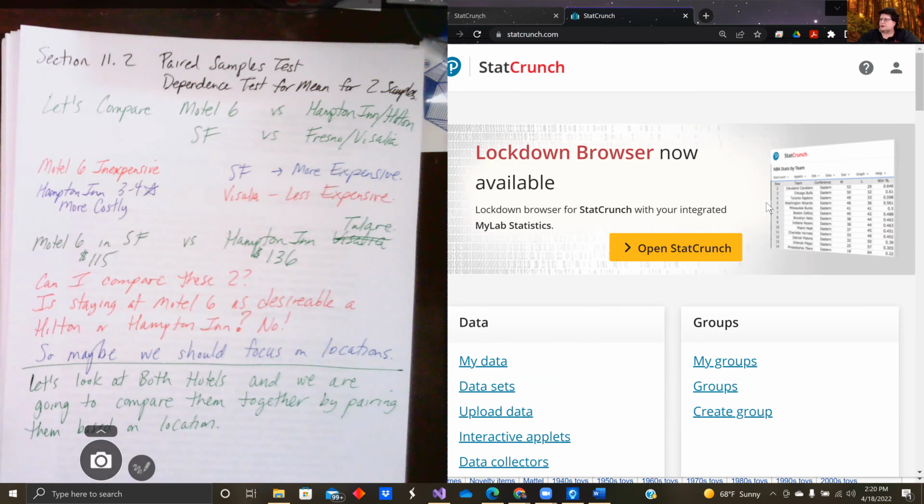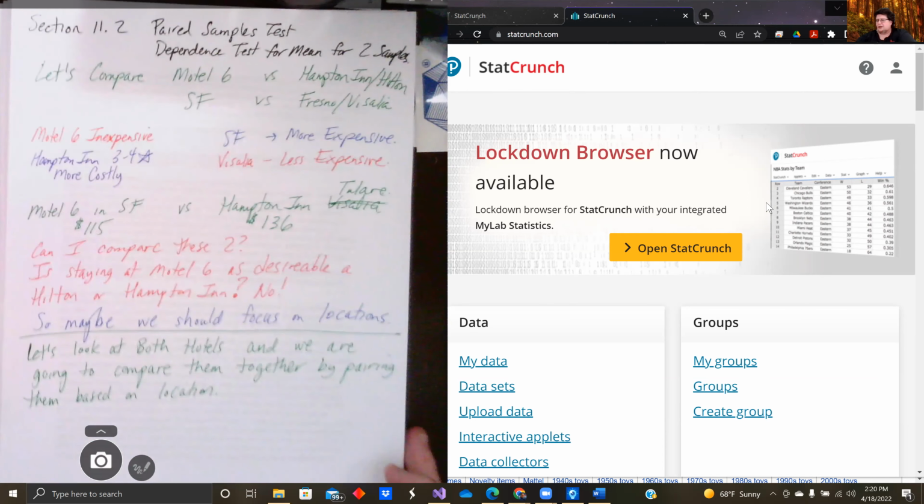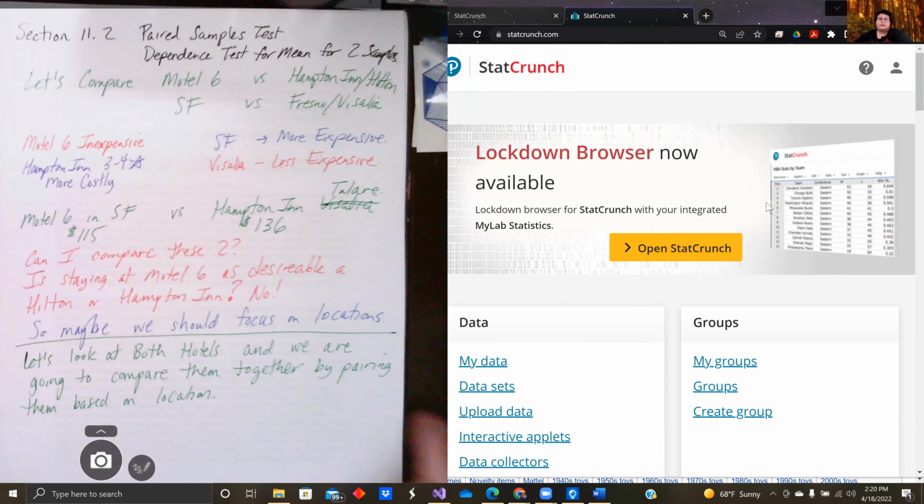Now, most cities don't have 50 Motel 6s, so we'll have to choose different cities, but maybe let's just take a Motel 6 and a Hilton from each town and do a bunch of towns that way. And this is what a paired test is like. So we're going to take a look at doing that.